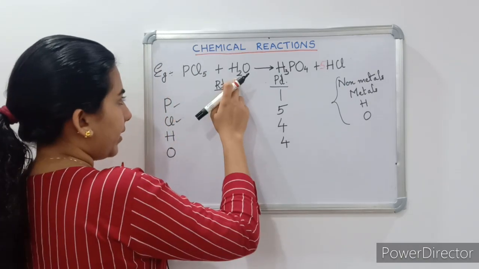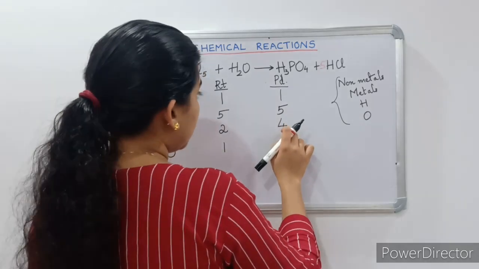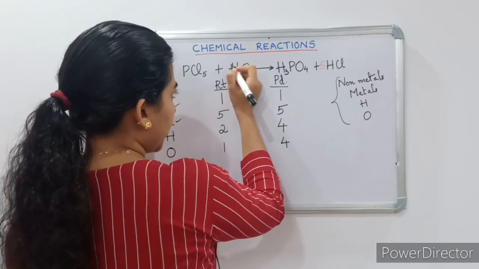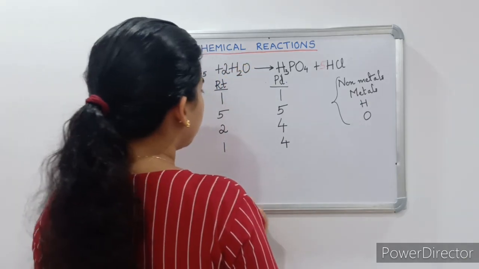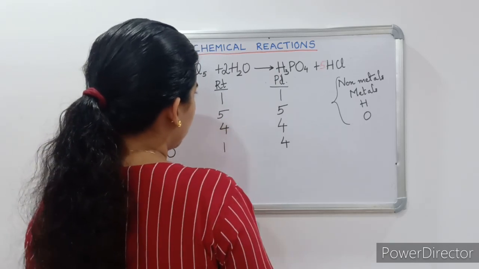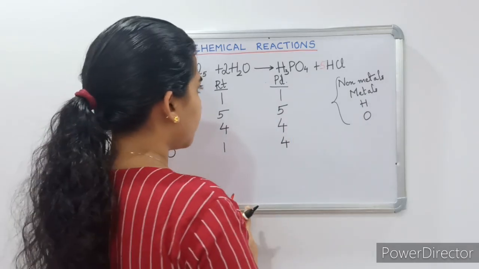Next, hydrogen. Hydrogen is 2 in the reactant side and 4 in the product side. So to make this 2 hydrogen into 4, we can add a coefficient 2 here. So it will become 4 in the reactant side, 4 in the product side.